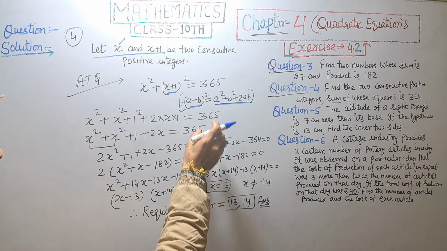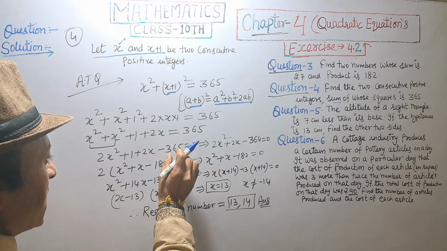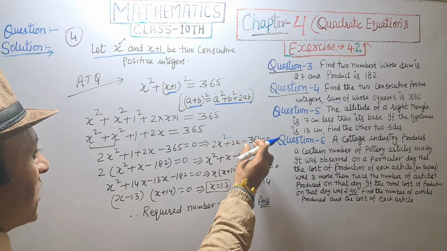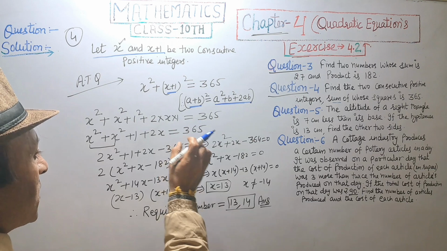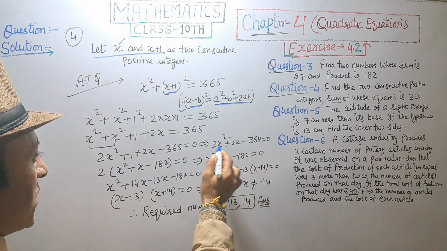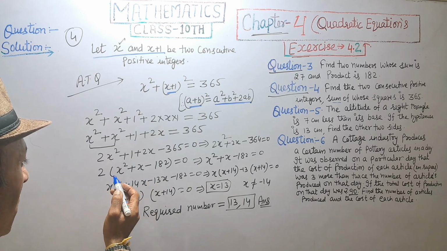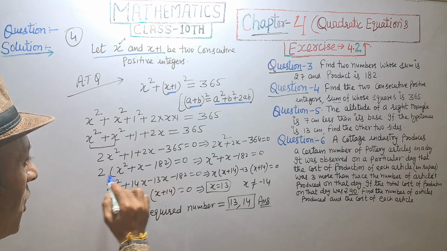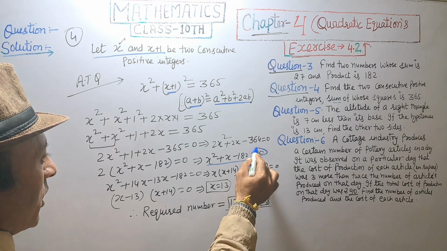We shift 365 to the left side and it becomes negative: x squared plus x squared plus 2x plus 1 minus 365 equals 0. 1 minus 365 is minus 364. Taking 2 common, we get x squared plus x minus 182 equal to 0.